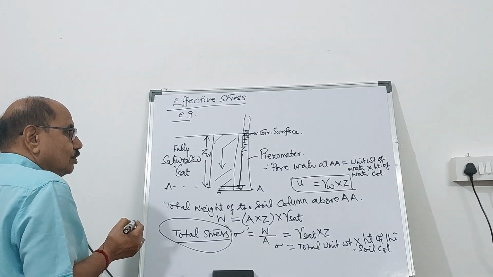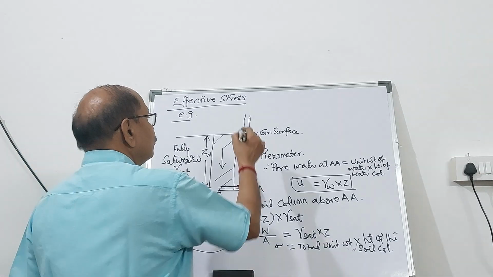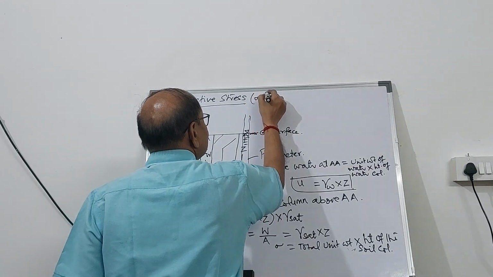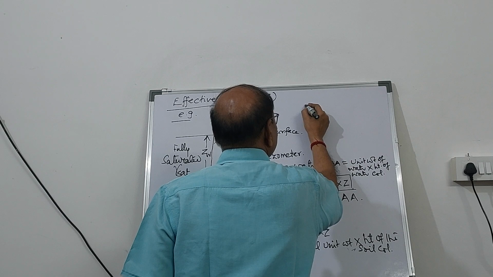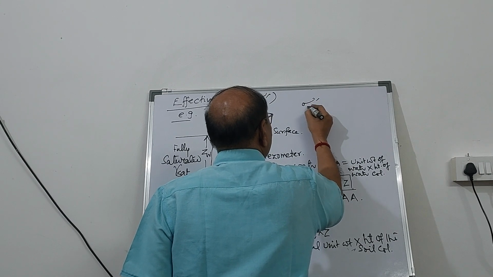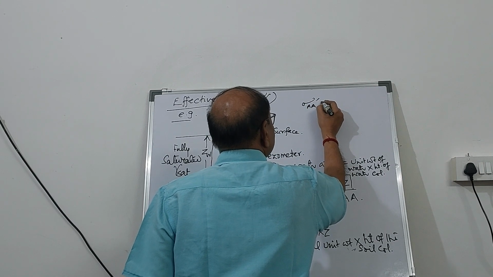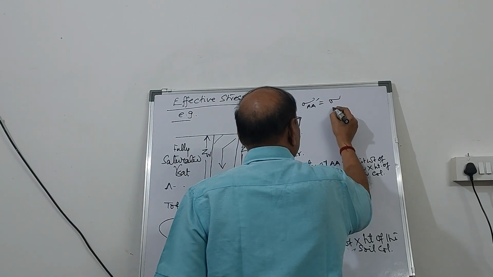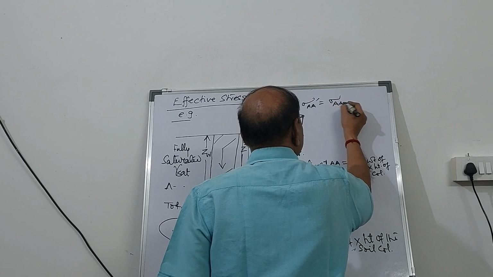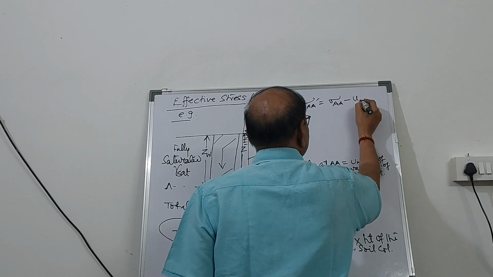And you know that if you want to find the effective stress, sigma prime, at any point A, sigma prime at A will be equal to the total pressure at A minus the pore water pressure at A.